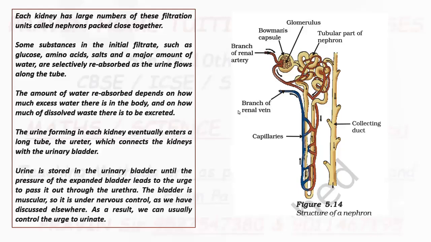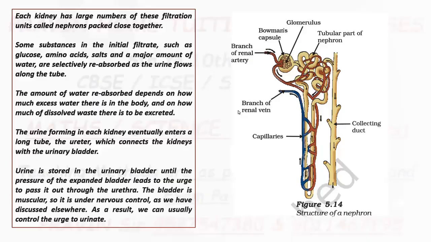The arrow shows the direction of flow of urine. The amount of water reabsorbed depends on how much water is in the body and how much water the body requires. That amount will be absorbed only if there is any extra water in the urine.